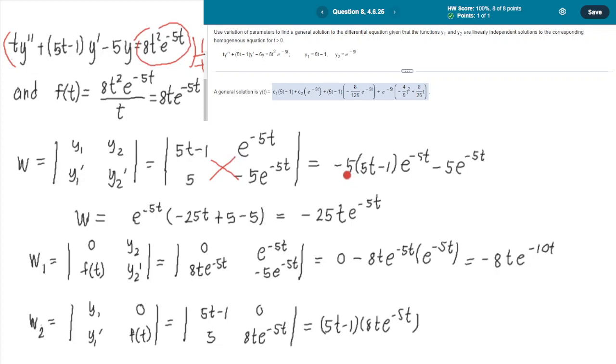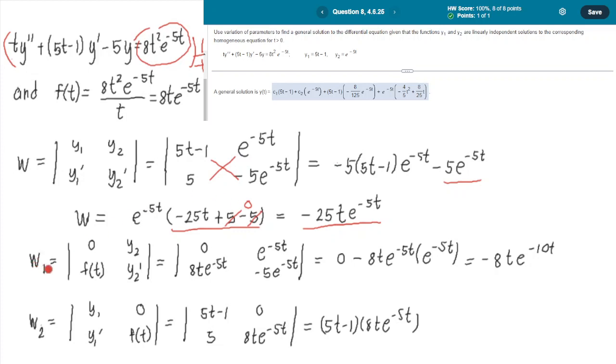Negative 5 times 5t minus 1 times e to the negative 5t, minus the product of this one, 5 times e to the negative 5t. Now, simplifying, we factor out the e to the negative 5t, and the inside expression has negative 25t plus 5 minus 5 in it. The 5 minus 5 cancels because this is 0. Our Wronskian W is negative 25t e to the negative 5t.